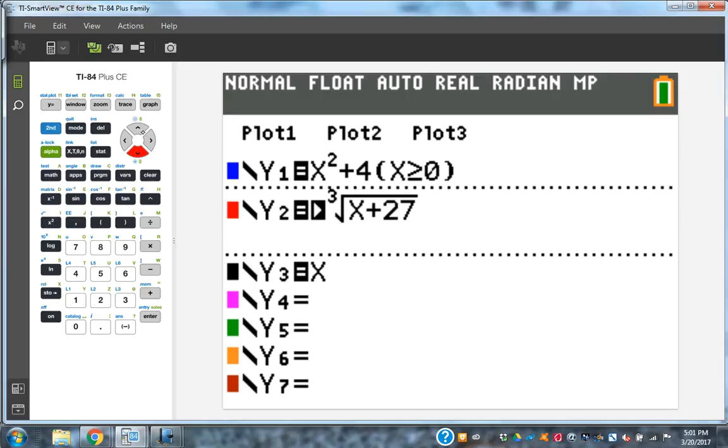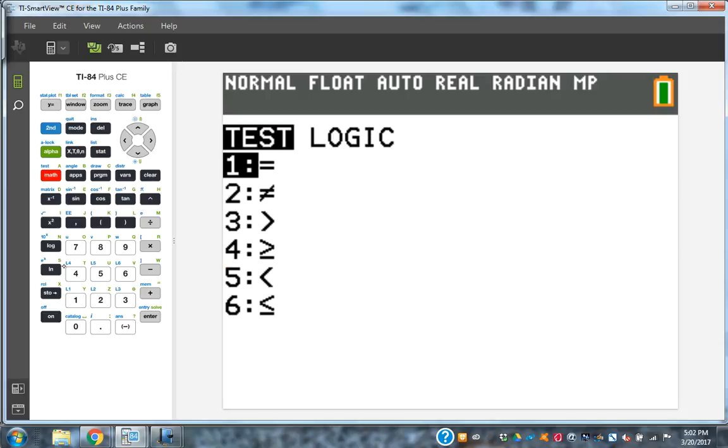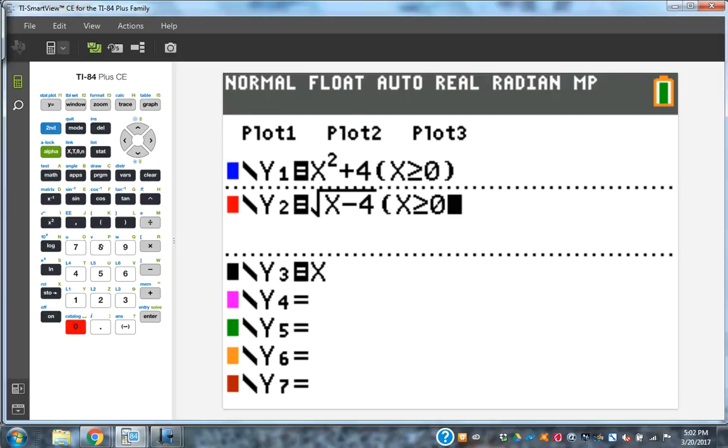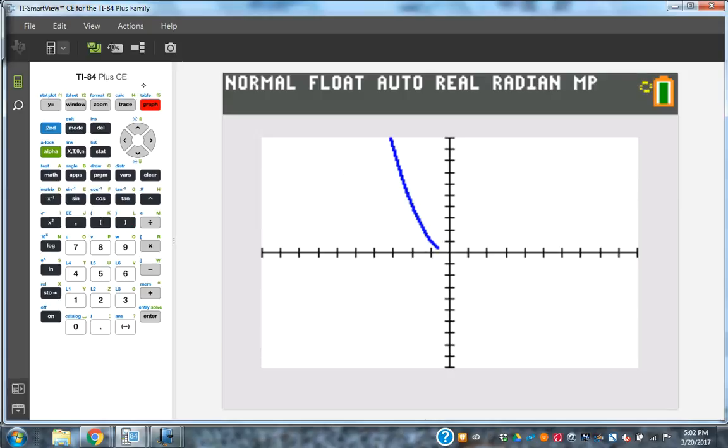And then that would be the square root of x minus 4, and then parentheses, x again greater than or equal to 0, because that's the positive side of that. I think I put the restrictions in there right. I may not have. I may have to have another set of parentheses there.